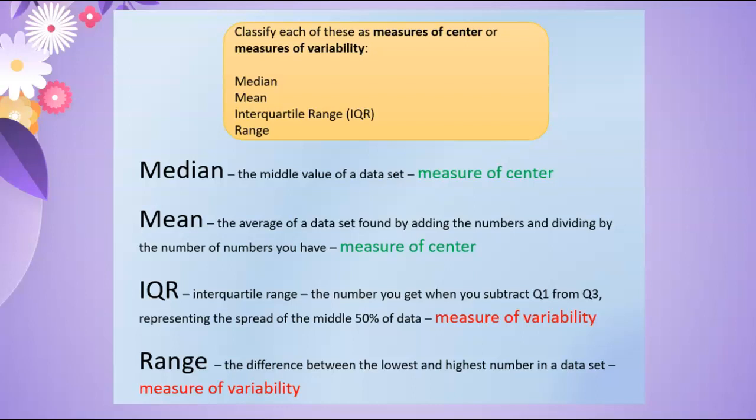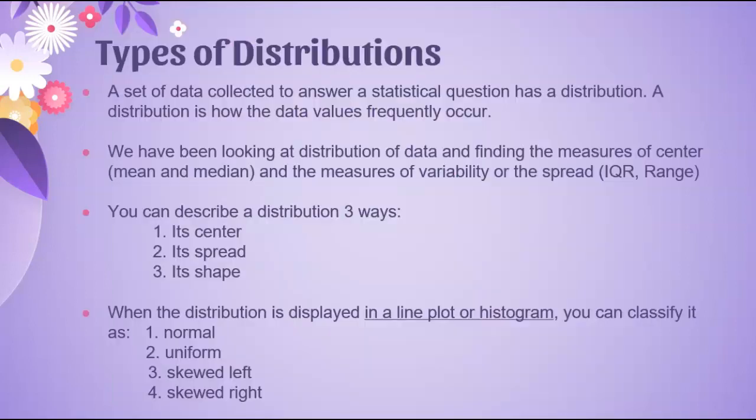So there are two different ways that we can classify or describe our data. We can use measures of center and measures of variability, but what your data looks like depends on what you're going to use to describe your data. A set of data collected to answer a statistical question has a distribution.